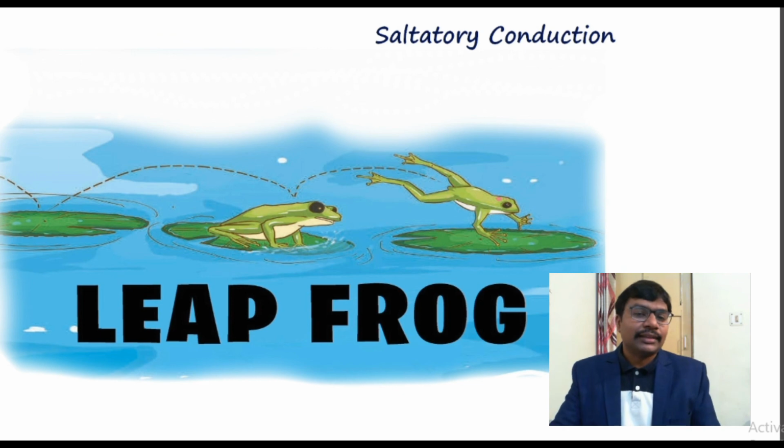This is how saltatory conduction is possible in the neurons, with the help of nodes of Ranvier in the myelin sheaths in peripheral as well as central neurons.